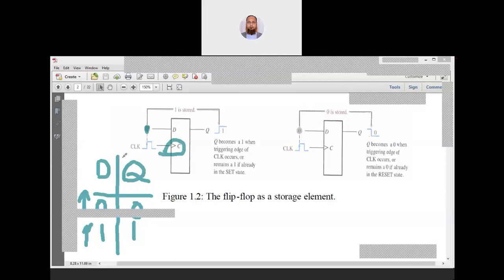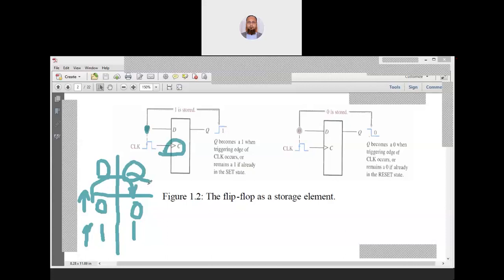Mostly we'll be using D flip-flops in the registers, because whatever data input you give, the same is passed to the output. That's why we prefer to use the D flip-flop here.